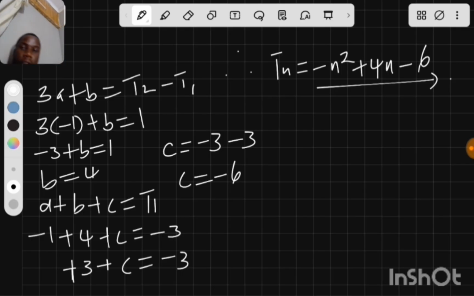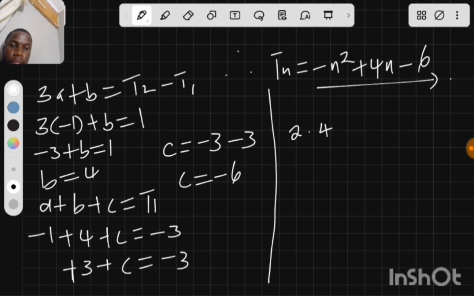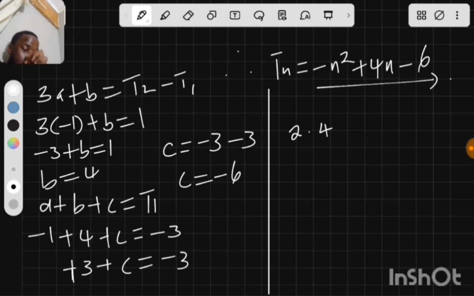Then let's go to question number 2.4. Question number 2.4: explain why the sequence never contains a positive term.